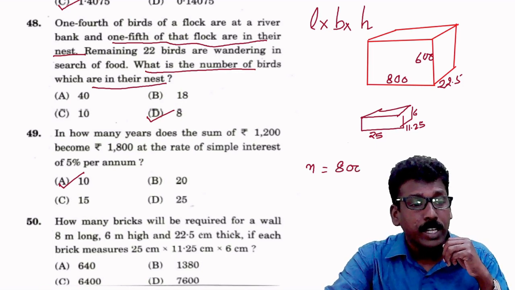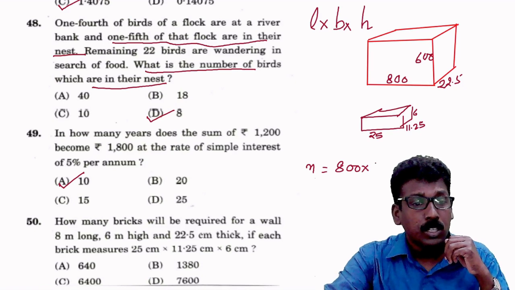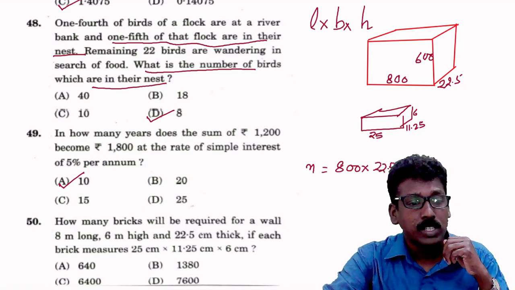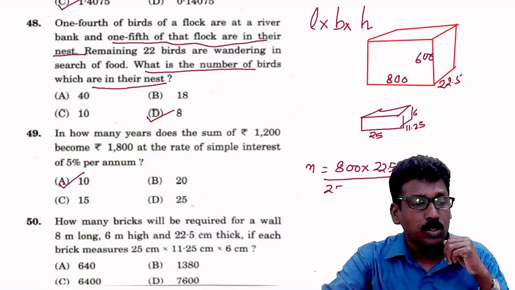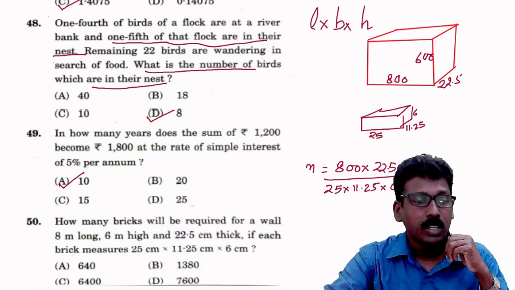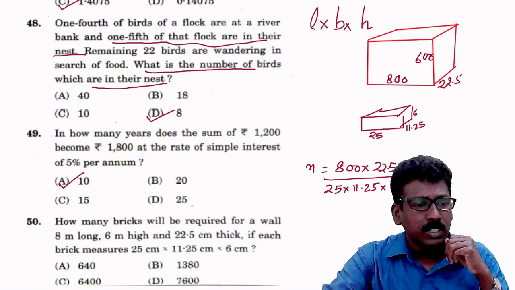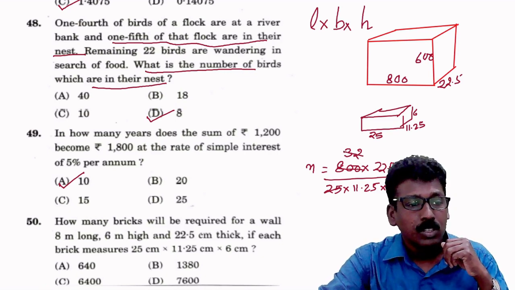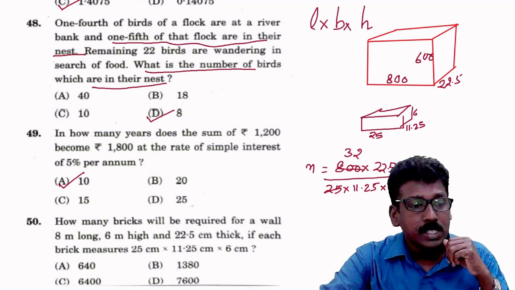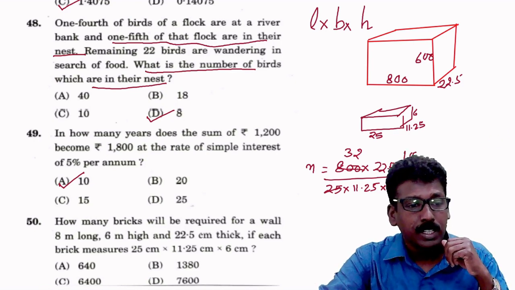So N is equal to 800 into 22.5 into 600 divided by the volume of the brick, which is 25 into 11.25 into 6. Now in 25, 800, how many times? 32 times. Now 6, 600, 100 times.